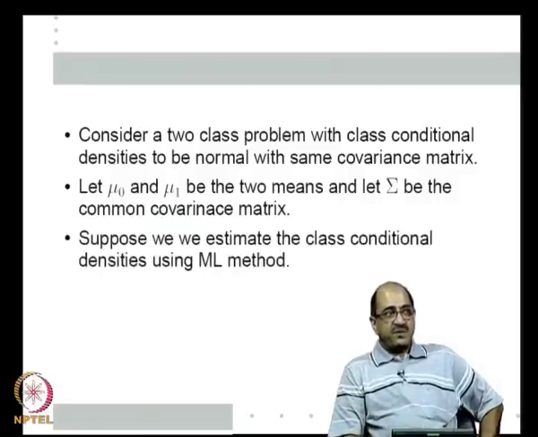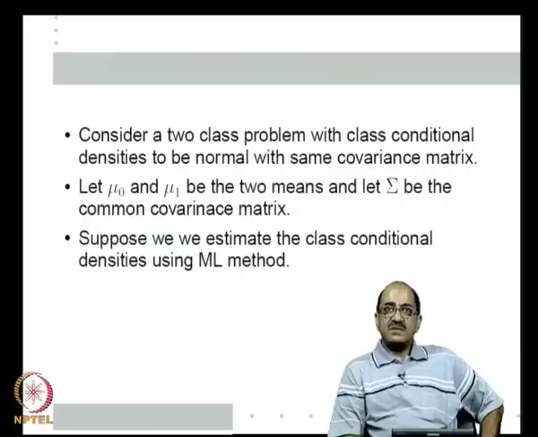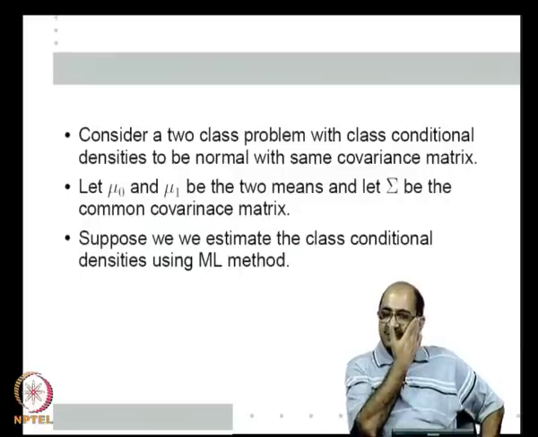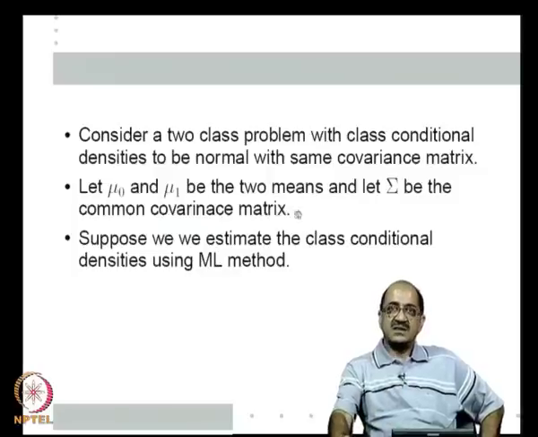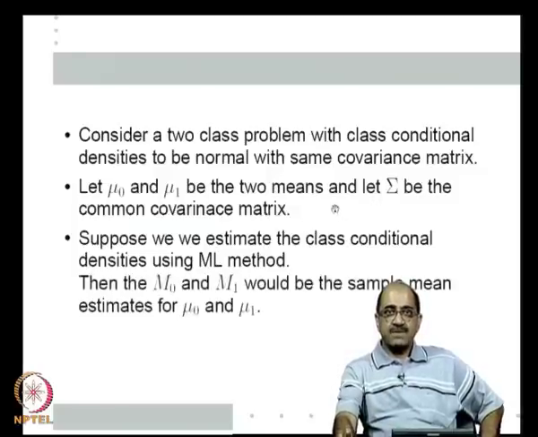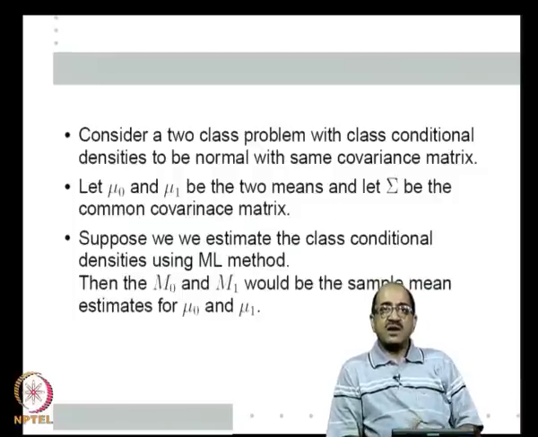Suppose given this data, if we want to actually implement the Bayes classifier, we would estimate the class conditional densities, let us say using the maximum likelihood method. If we do the maximum likelihood method, we know mu0 and mu1 will be estimated using sample means. Similarly, a sample mean estimator exists for the covariance matrix. So, m0 and m1 would be the sample mean estimators for mu0 and mu1.